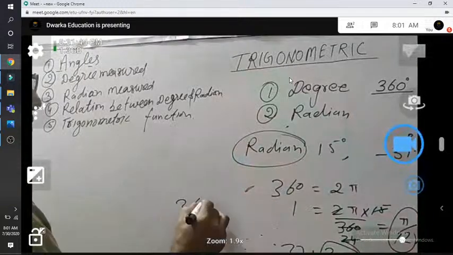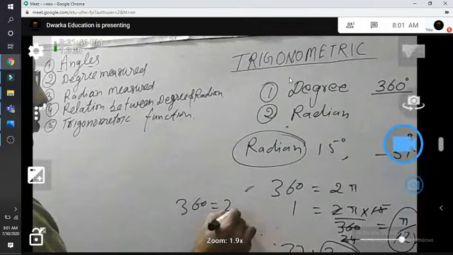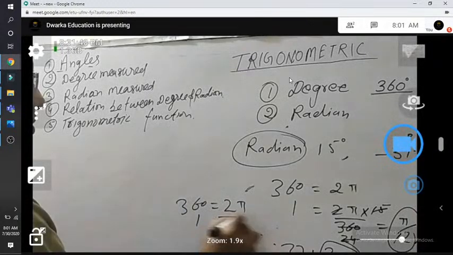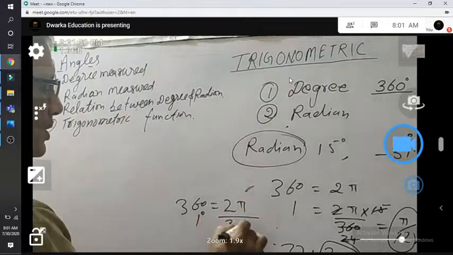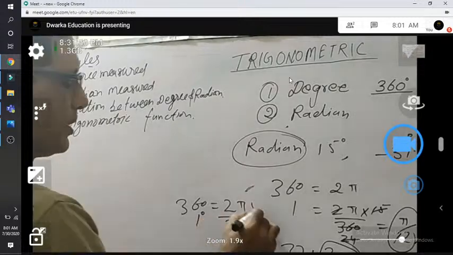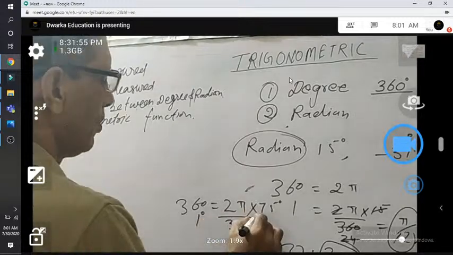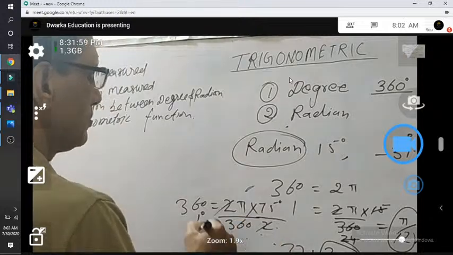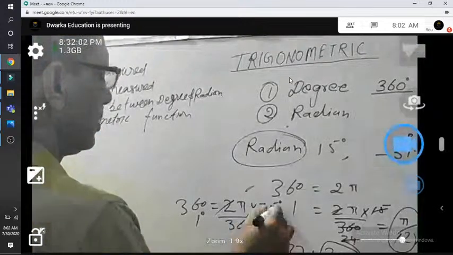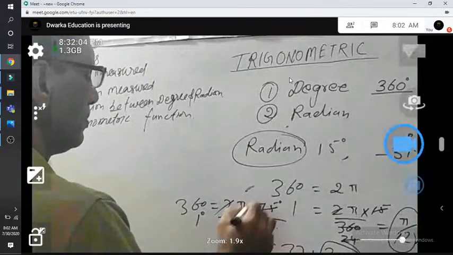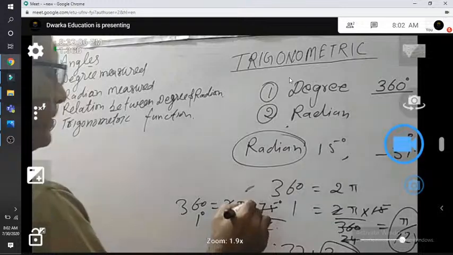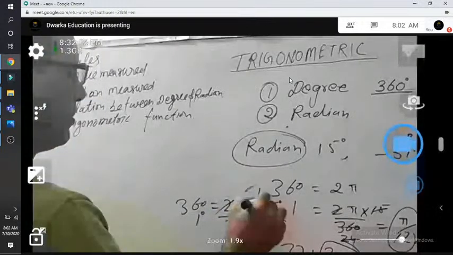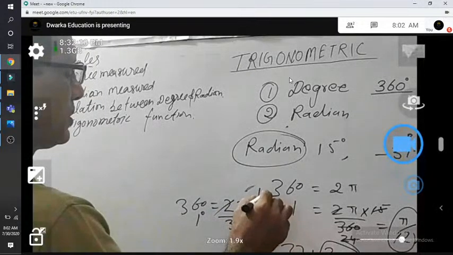Now 360 degree is equal to 2 pi, so 1 degree is equal to 2 pi by 360, and 75 by 2 degree. हम इसको काट देते हैं.